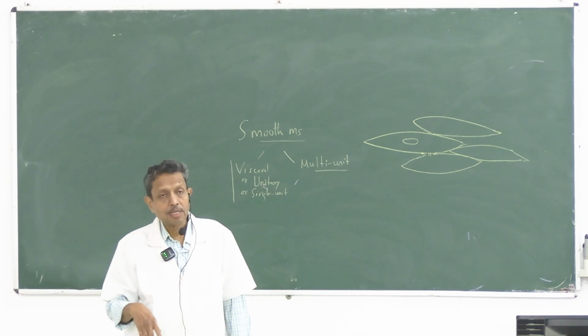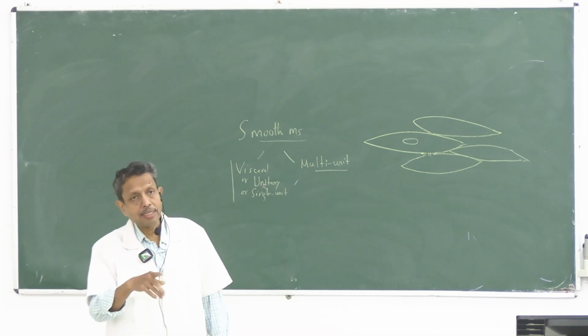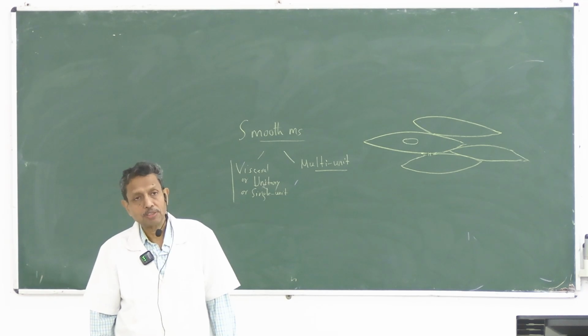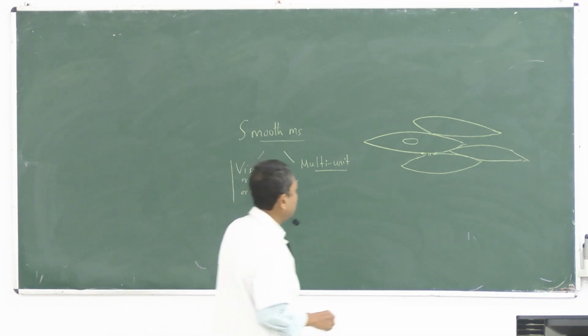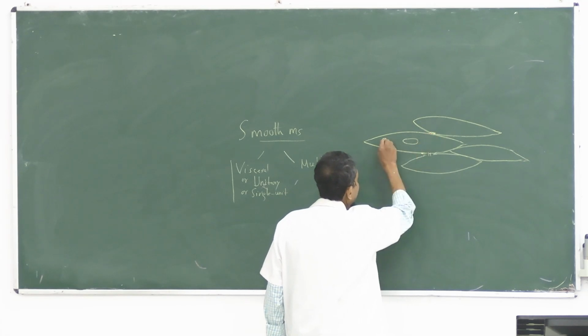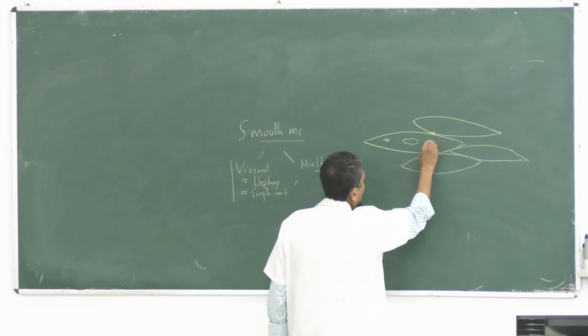Striated muscle is present within the heart and in skeletal muscle, and they are disposed in that fashion. But here they are disposed in another way. At their membranes there are dense bodies.